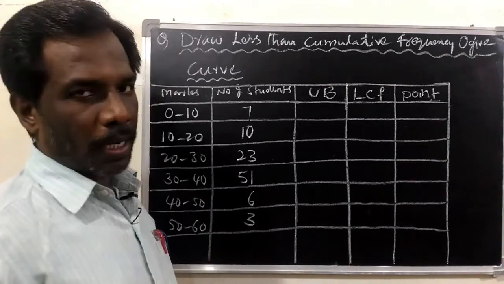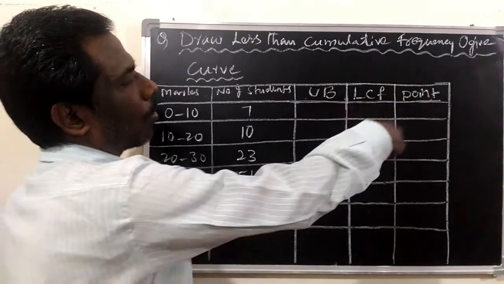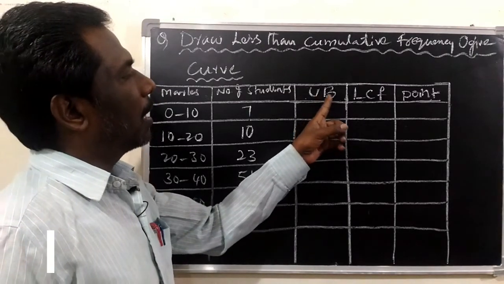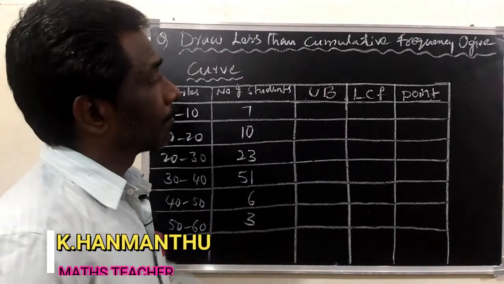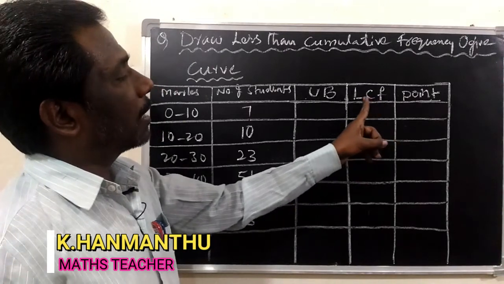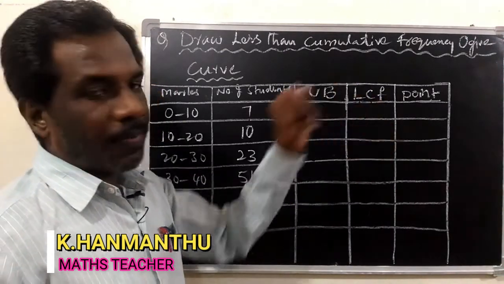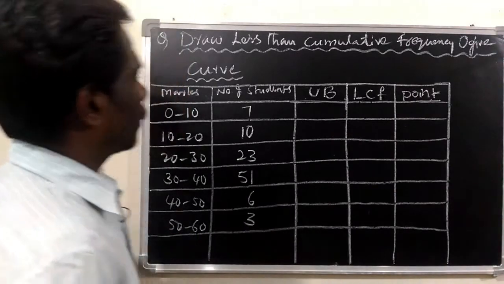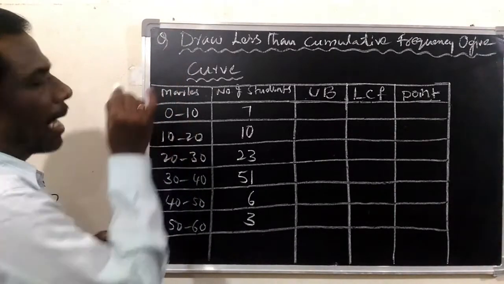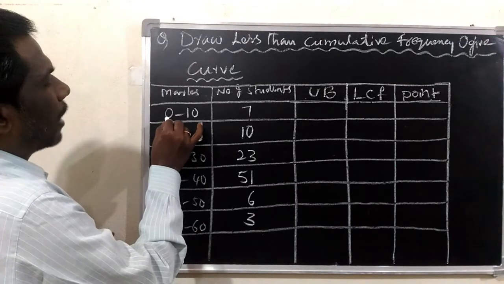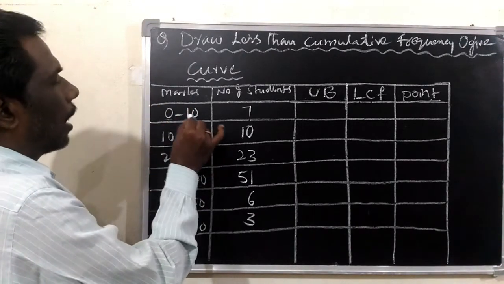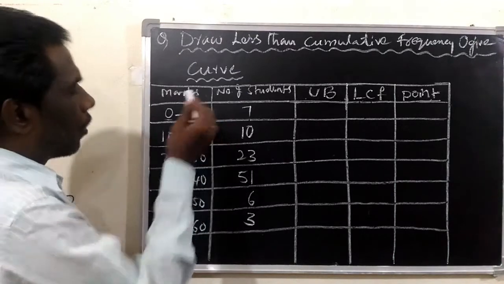Here we need to make three columns like this. The first one is UB, the upper boundary, and the LCF, the less than cumulative frequency. And the last one is the point. In this class, the left side value is called the lower limit or lower boundary, and the right side value is called the upper limit or upper boundary.